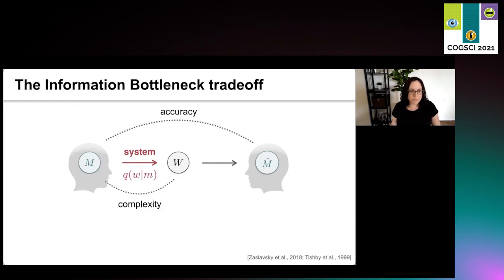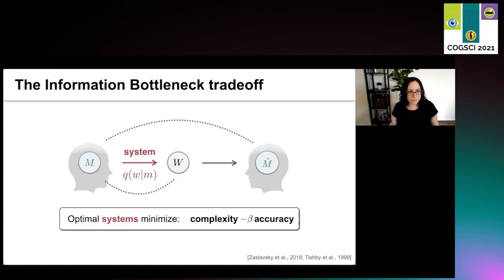If the speaker and listener are not willing to tolerate any errors, then the speaker will have to assign a unique form to each meaning, resulting in a complex communication system. On the other hand, if they're only trying to minimize complexity, this will give a non-informative system. Therefore, optimal systems should minimize complexity while maximizing accuracy for some trade-off beta between these two competing objectives.